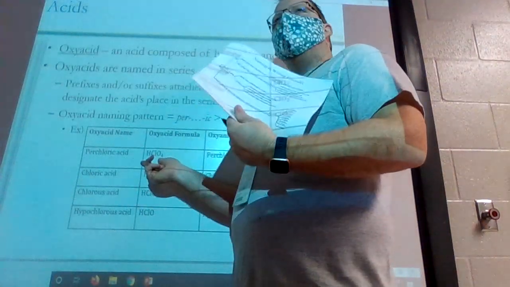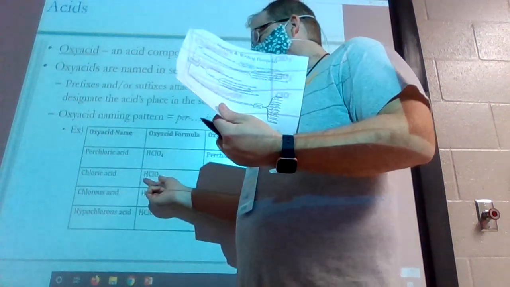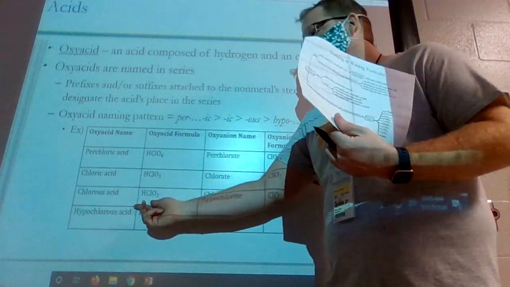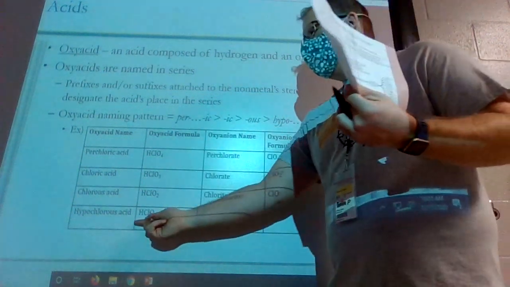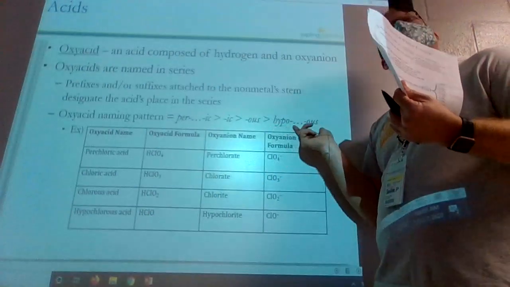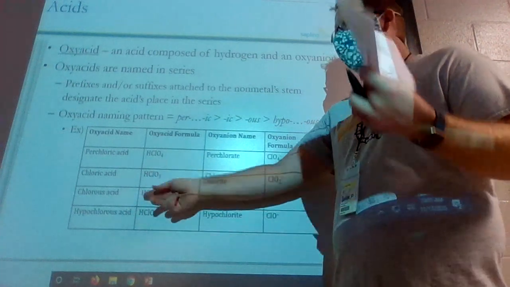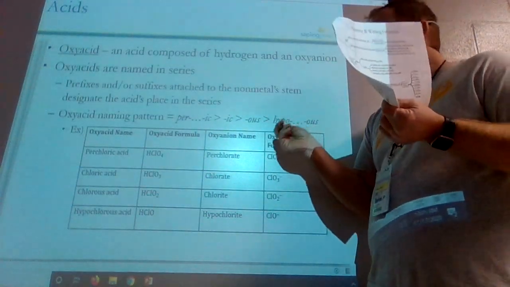So 4 oxygens will be perchloric acid. 3 oxygens will be chloric acid. 2 oxygens will be chlorus acid. And then 1 oxygen will be hypochlorous acid. So each of these is an acid because it has the hydrogen and the polyatomic oxyanion.